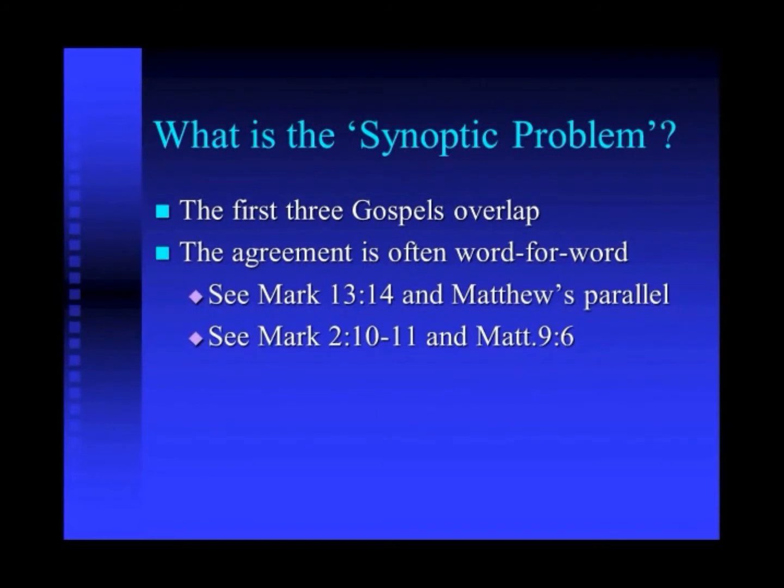And when we look at the overview, we'll see that the Gospels largely run in parallel in terms of the contents: the stories that are told, the parables that are included, the details that are included. So not just in individual passages or stories, but throughout the course of the Gospels, there's large-scale agreement.